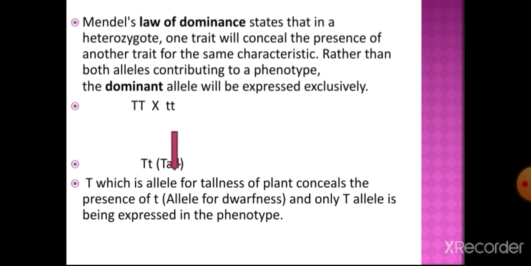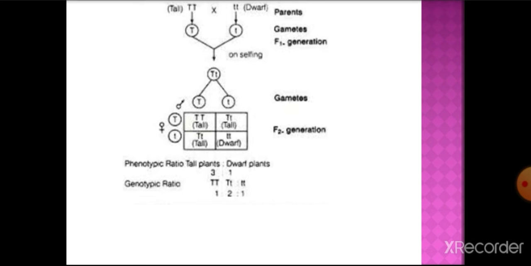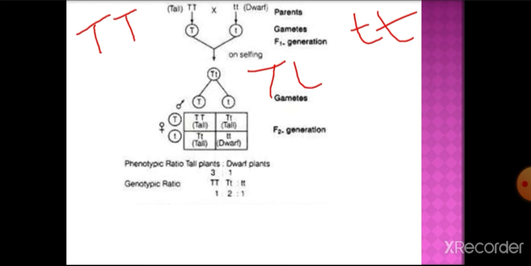So here we can see what he really did in this cross. Of course, there is tall homozygous and there is dwarf homozygous, and they crossed it, and Tt was the result, right? And this Tt was tall. This is the F1 generation, and all the plants in F1 generation were tall.